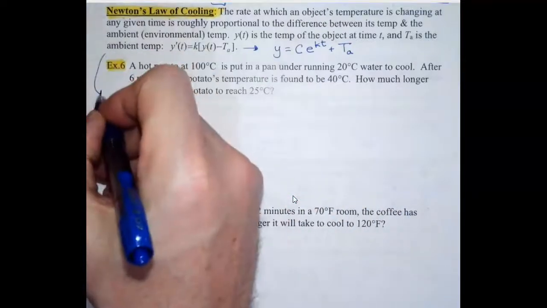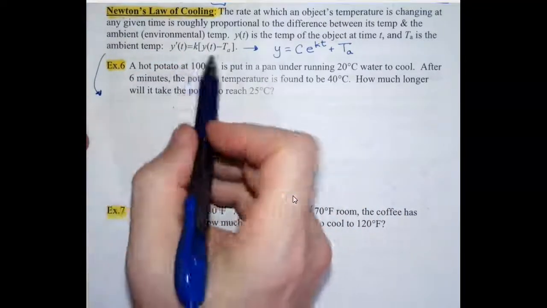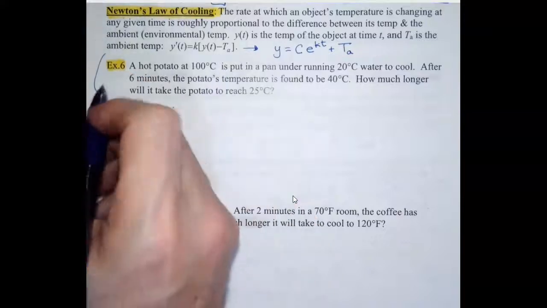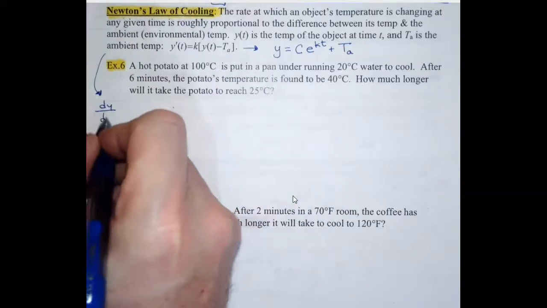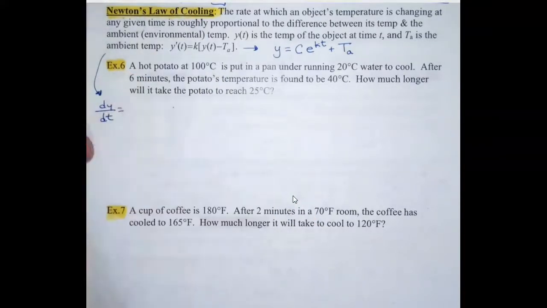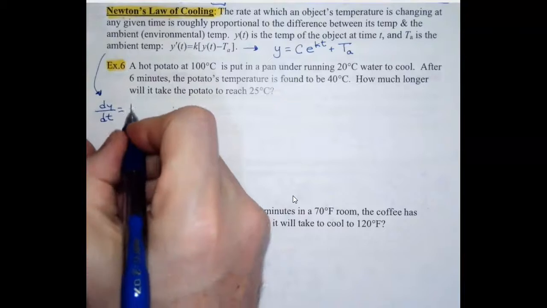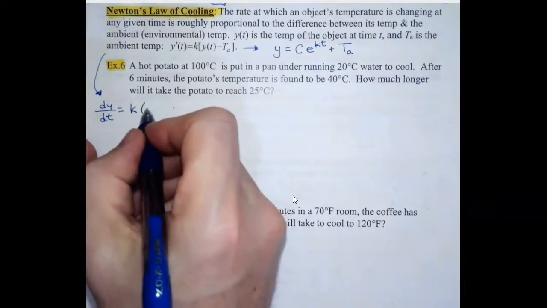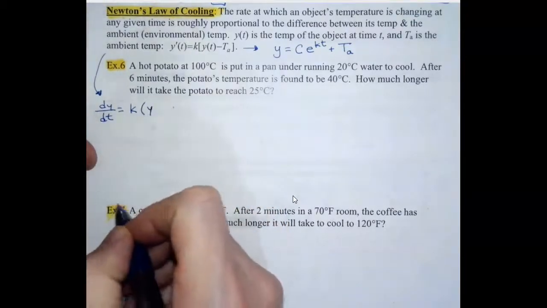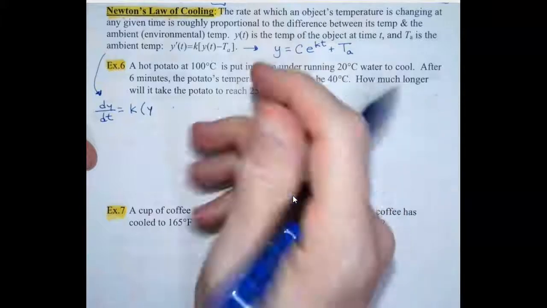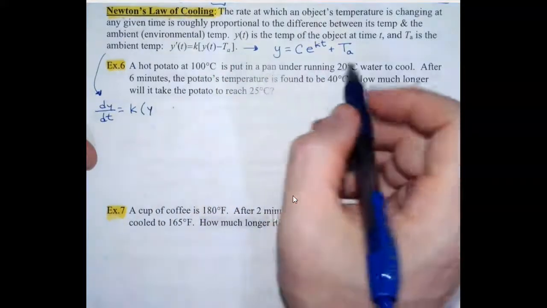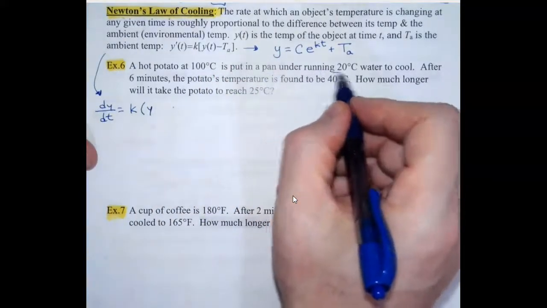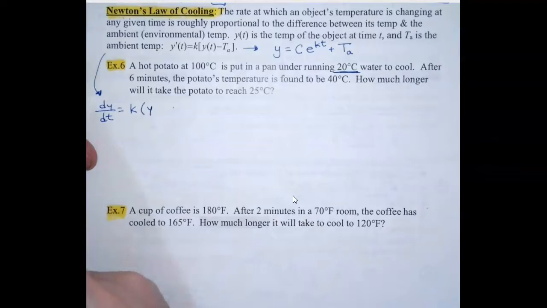To look at this first, if we take this, this is going to be dy dt equals k times, and we'll do this for this problem. We put a hot potato in a pan under running water that's 20 degrees Celsius.